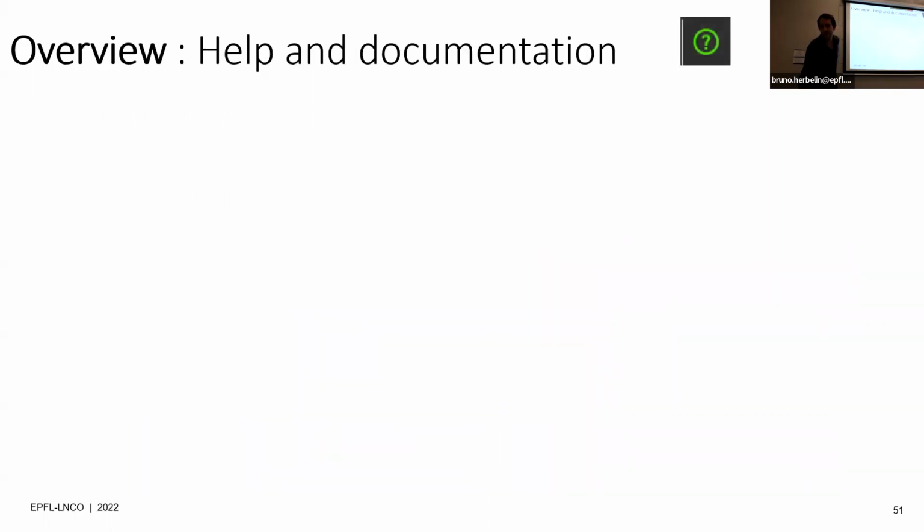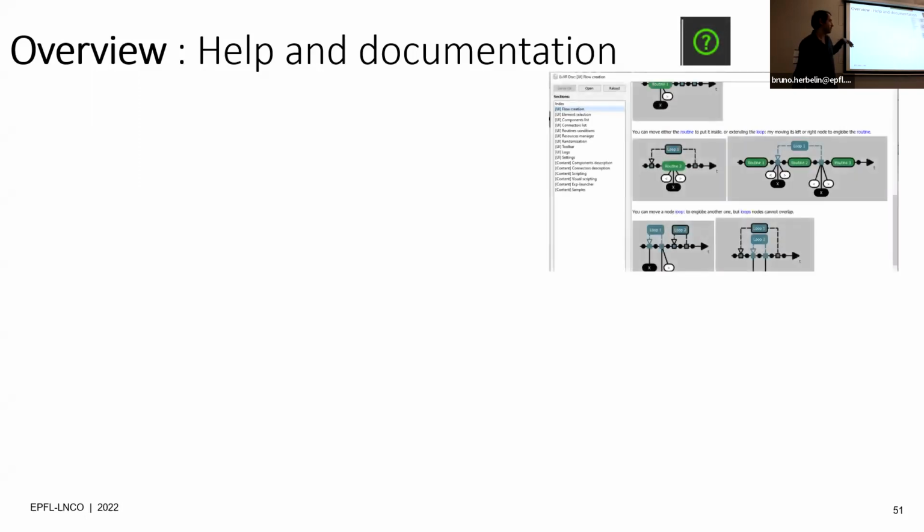Now we go to the app and documentation window. In many parts of the program you have the button. You can access it from the toolbar, but also from a component. If you click it on a component, you will directly open the documentation of the component, and the same thing for nodes. Basically, it's a markdown, a bit Windows-style documentation with a right menu and indication.